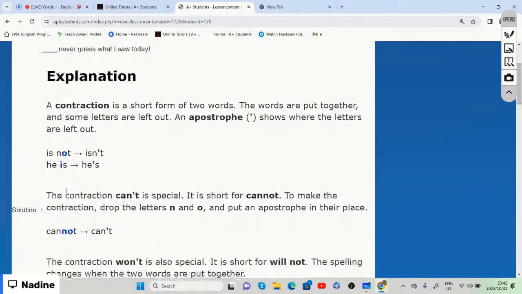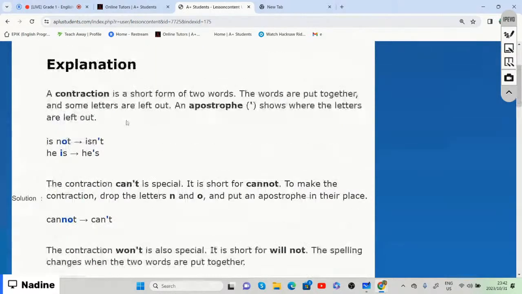And there we have examples: he's not, or he is, and that is isn't and he's.